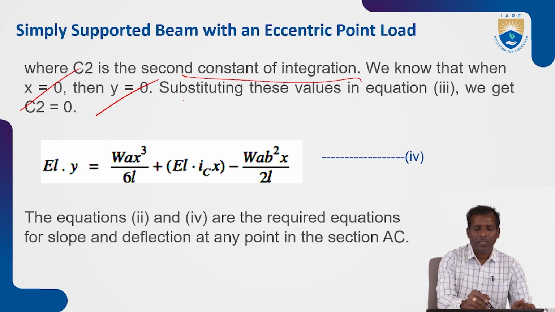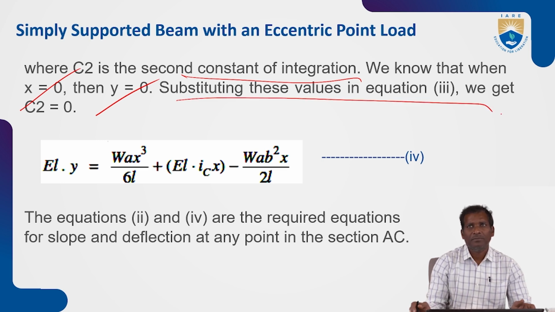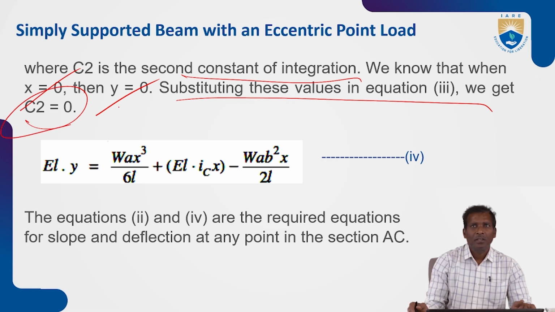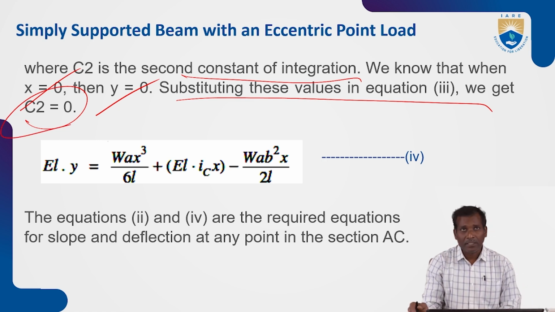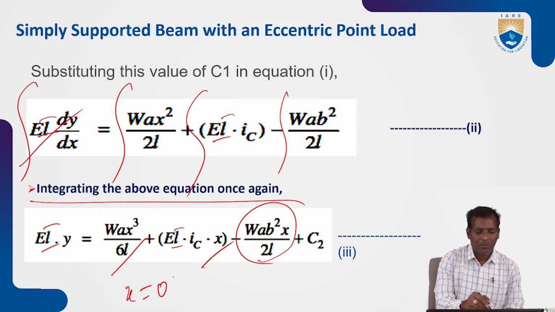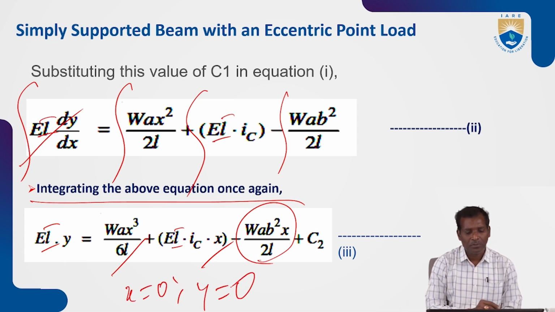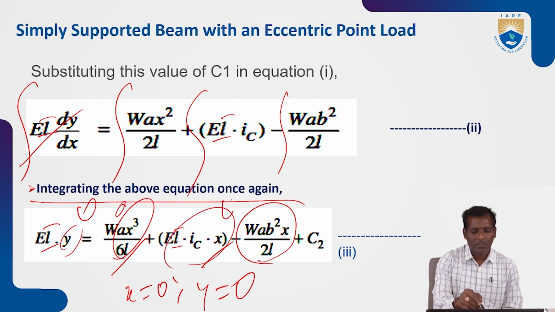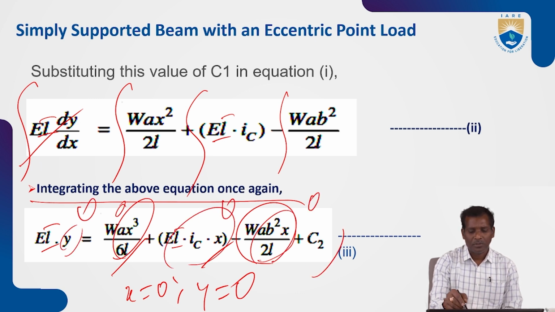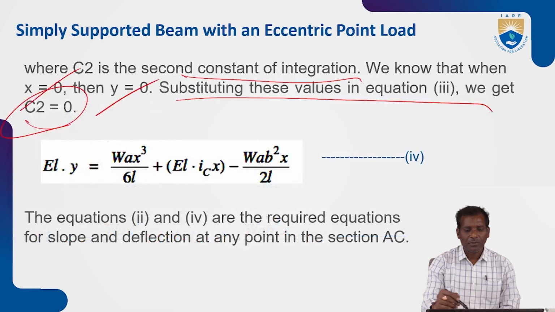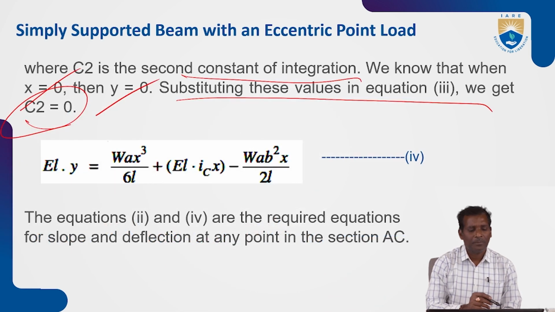Substituting these values in equation 3, we get C2 is equal to 0. Putting X equal to 0 and Y equal to 0, all the terms become 0. Therefore C2 is equal to 0. Substitute C2 equal to 0 in the above equation.